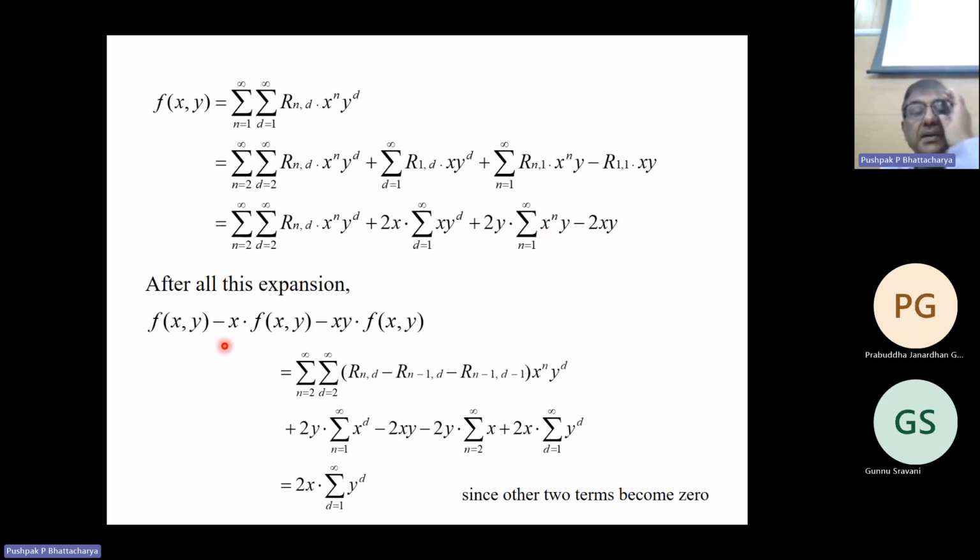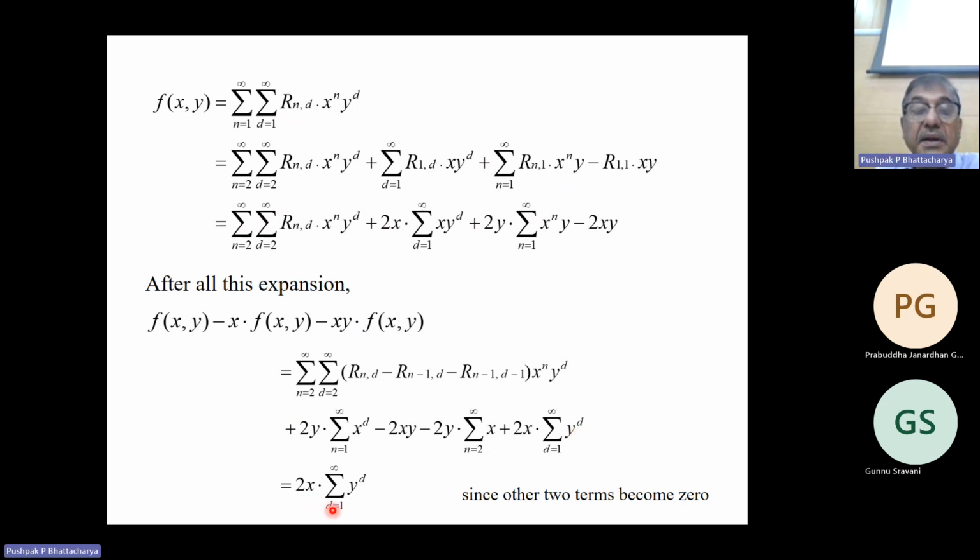So after all this expansion, if we take the subtraction of the left-hand sides, then f(x,y) minus x f(x,y) minus xy f(x,y) gives me the sum over n equal to 2 to infinity, d equal to 2 to infinity, of R(n, d) minus R(n-1, d) minus R(n-1, d-1), x^n y^d, plus 2y into the sum over n to infinity x^n, minus 2xy, minus 2y into the sum over n equal to 2 to infinity x^n, plus 2x times the sum over d equal to 1 to infinity y^d.